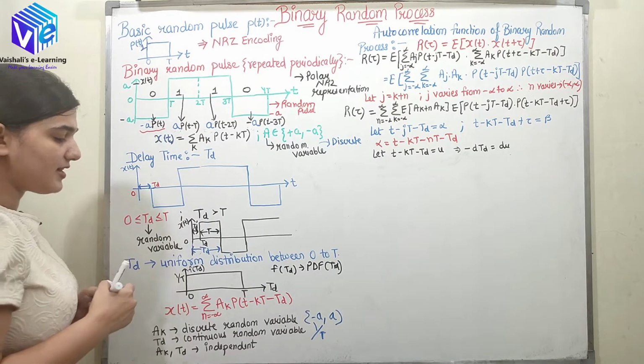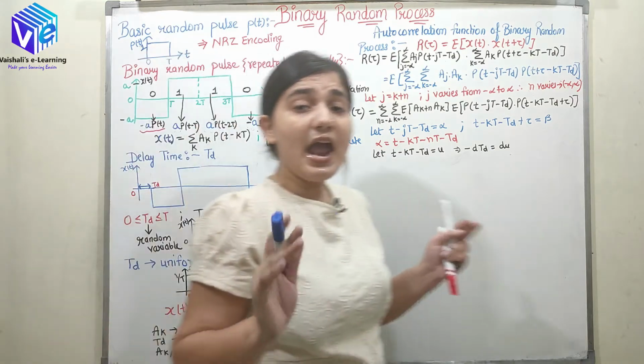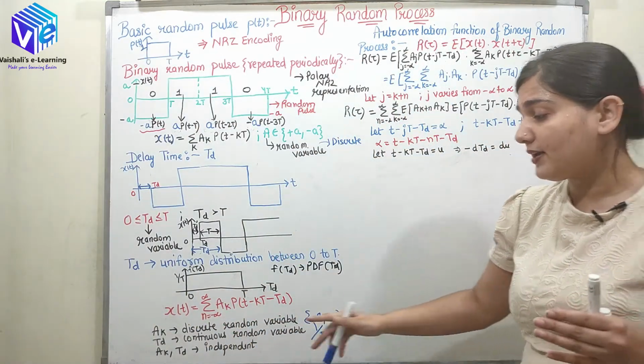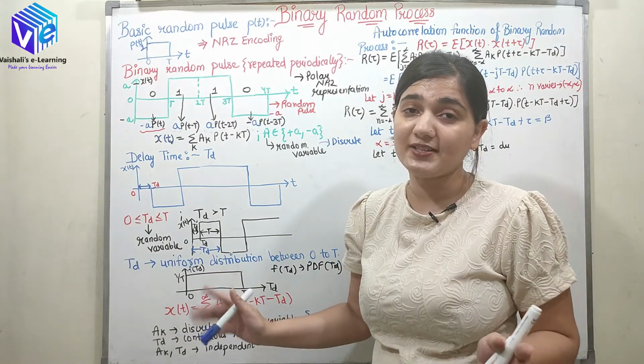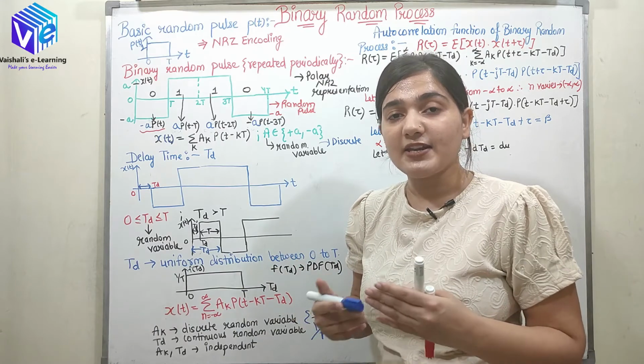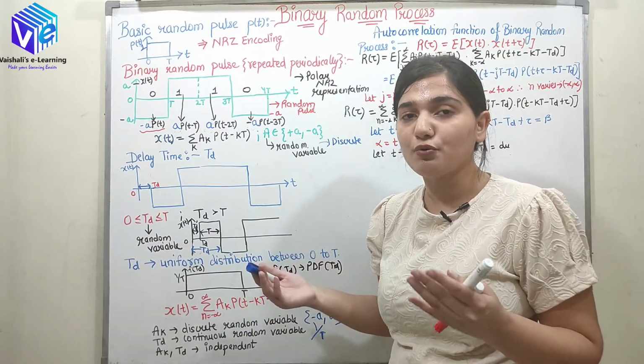Now AK and TD are independent of each other. These two don't depend upon each other, and I hope you remember what happens when two random variables are independent. We'll be using this property when we find the autocorrelation function.